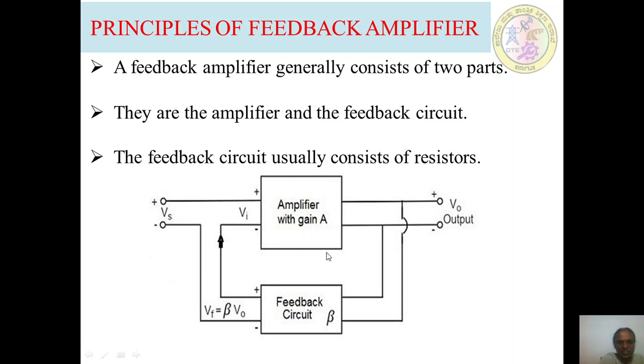So feedback is a design technique where a part of the amplifier output feeds back to the input of the amplifier. The overall effect creates a very stable gain determined by the resistor ratio.